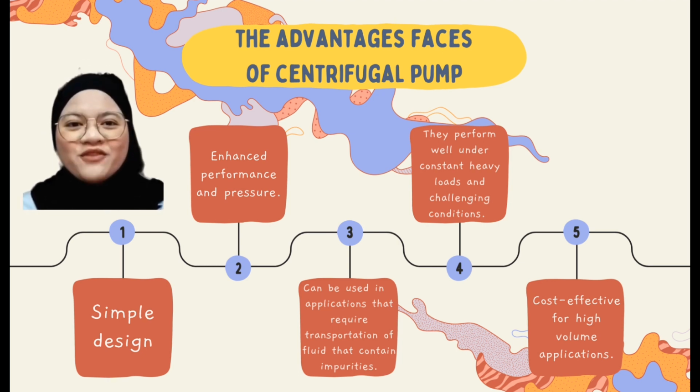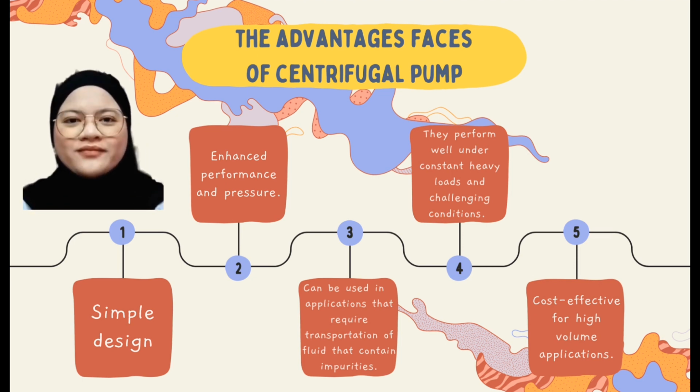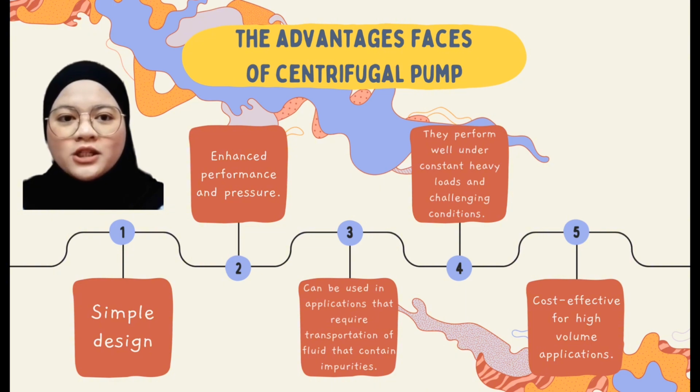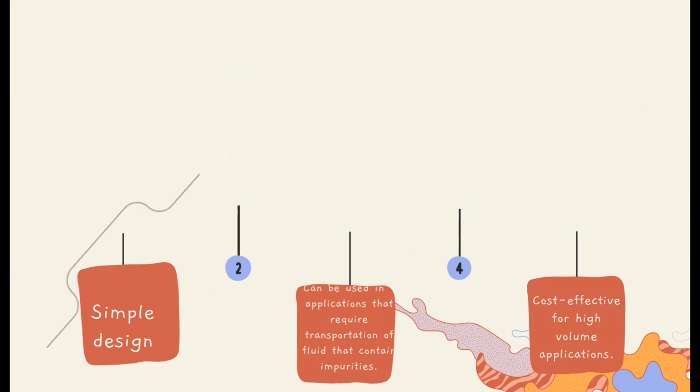Lastly, centrifugal pumps are also cost-effective for high-volume applications due to their efficient fluid movement, simple design, and ease of manufacturing. Their ability to handle large flow rates makes them well suited for situations requiring the transportation of significant fluid volumes.